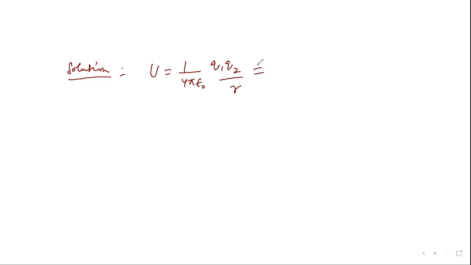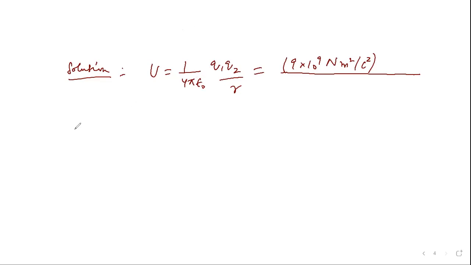So the value of 1 by 4 pi epsilon naught, which is K, is approximately 9 into 10 raised to 9 newton meter square per coulomb square. This is the value of 1 by 4 pi epsilon naught. Then I have Q1 and Q2.